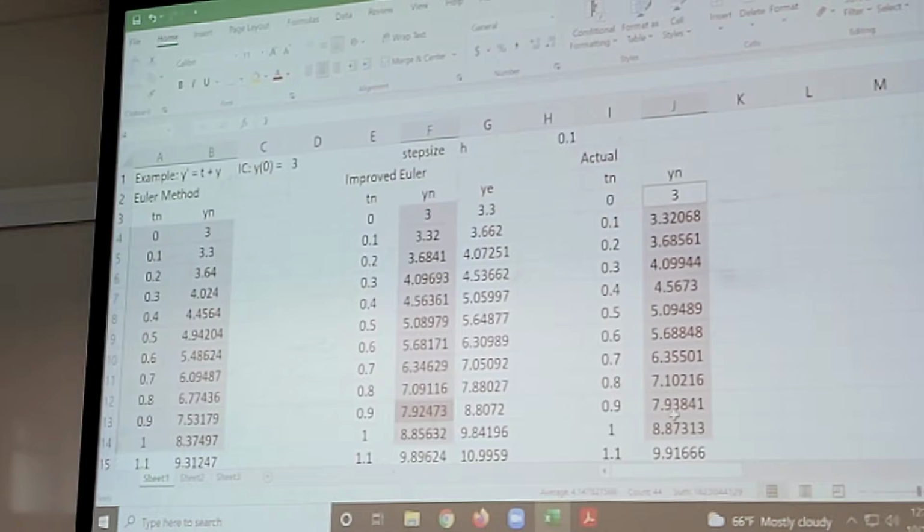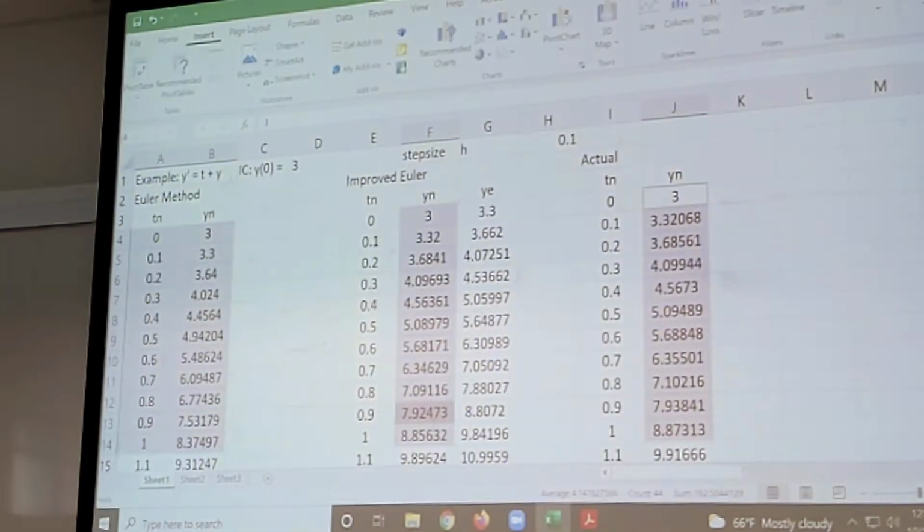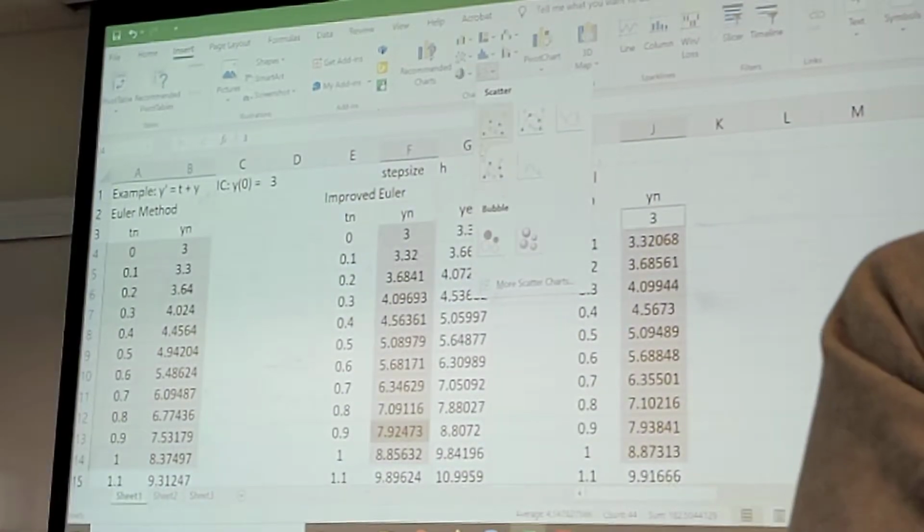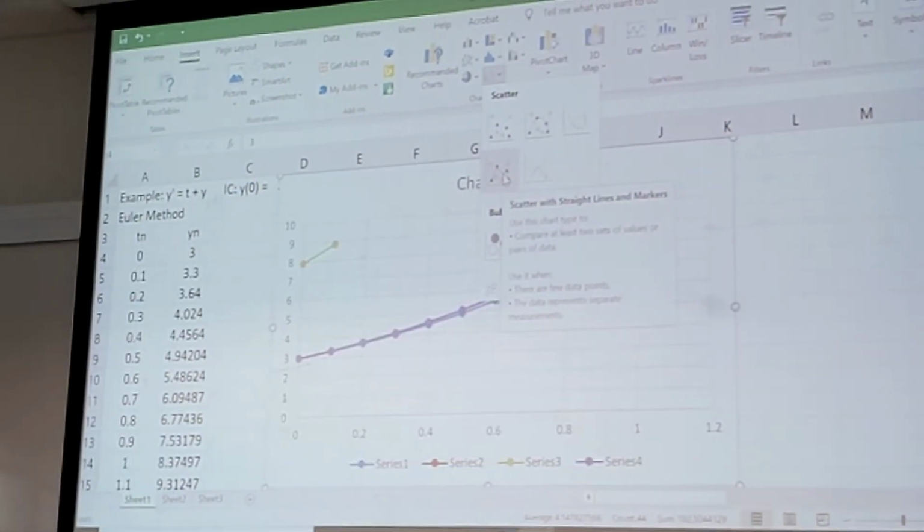So in Excel, you could insert this plot right here, and you could do connect dots.